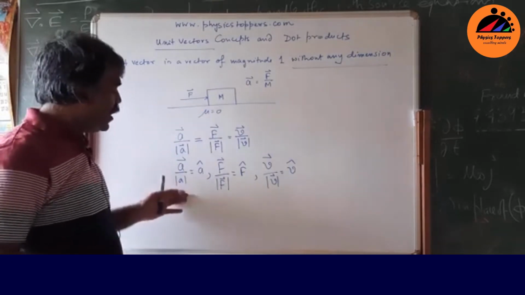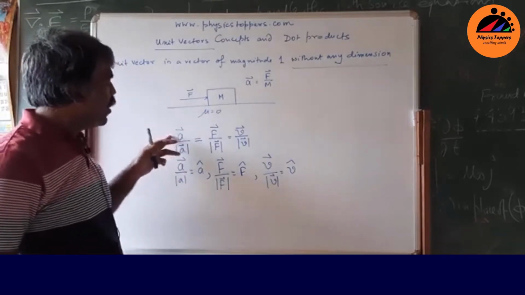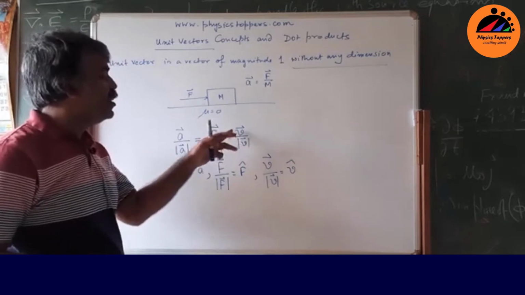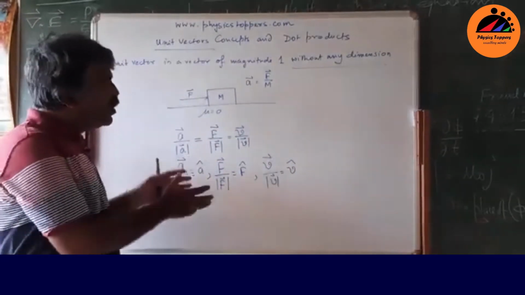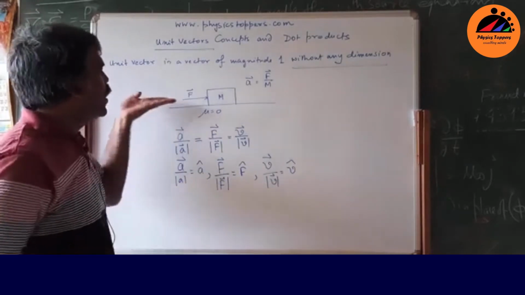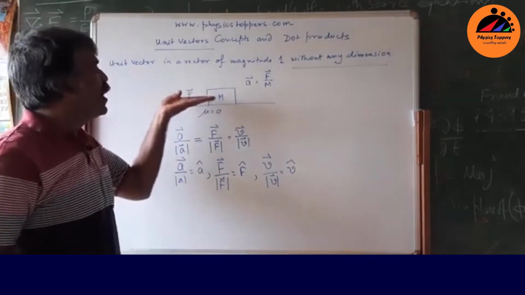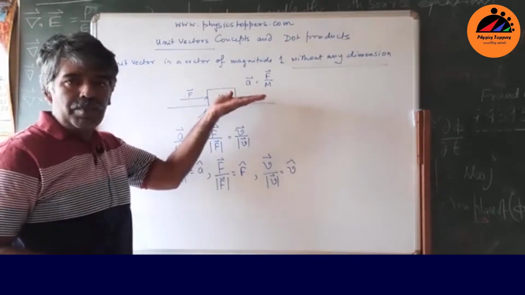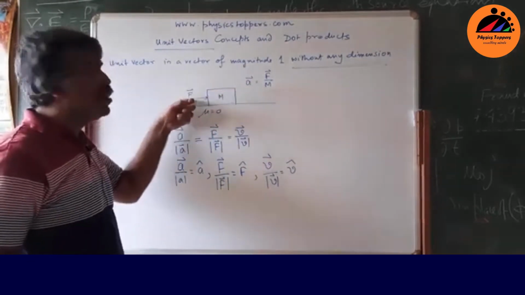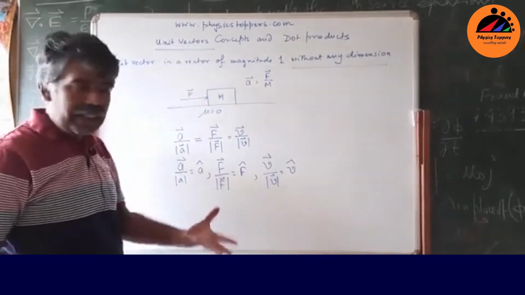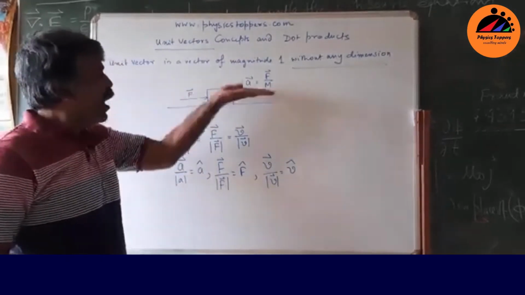Now these three things, the a vector, F vector and v vector, have different dimensions, that's true. But if you consider the unit vectors along this direction, suppose I apply a force and there is no friction, the acceleration will be along the force direction by second law. So the direction of acceleration and direction of force is the same, and the instantaneous velocity will also be along this direction.